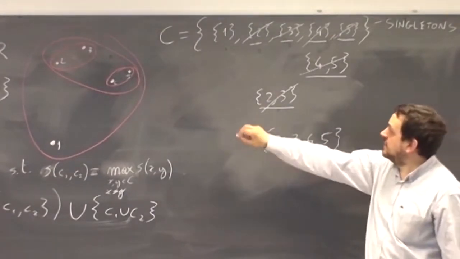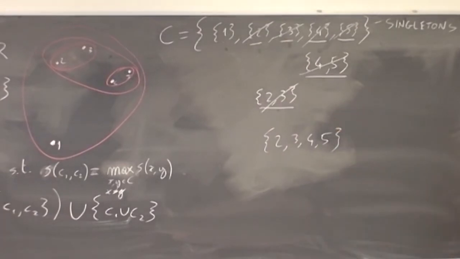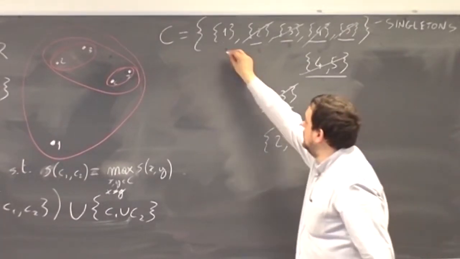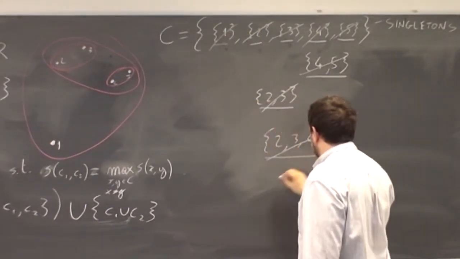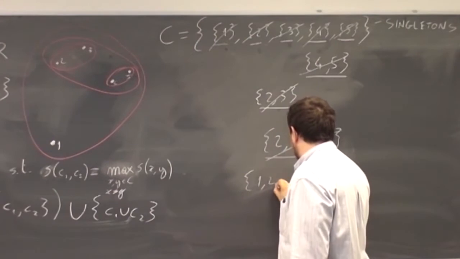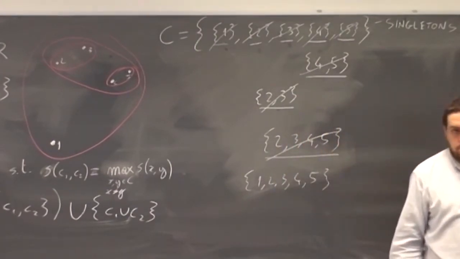So we remain with the singleton 1 and the rest of the elements in another set. Next, we find the two most similar, we remove them and replace with the complete set.